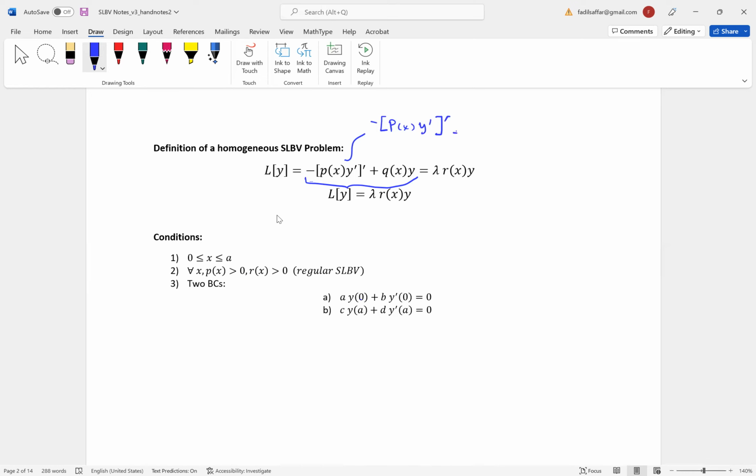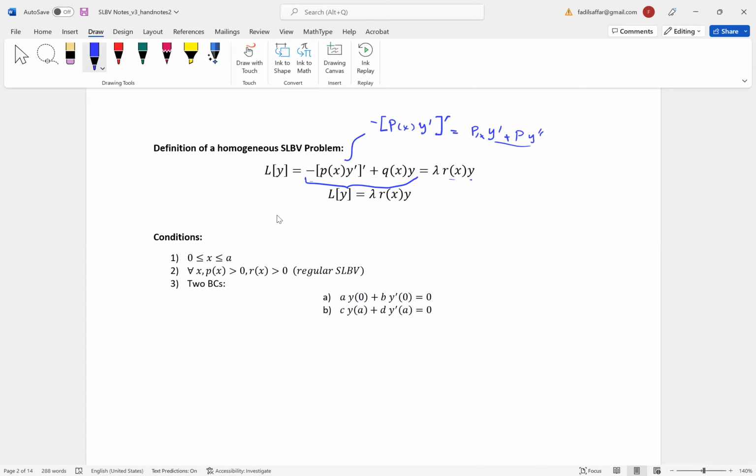If we expand it, that's p with respect to x, y prime, plus p y double prime. The actual derivative is with respect to both, plus this part here, and all of that is equal to lambda times a certain function r multiplied by y.